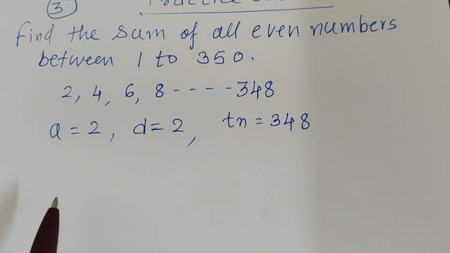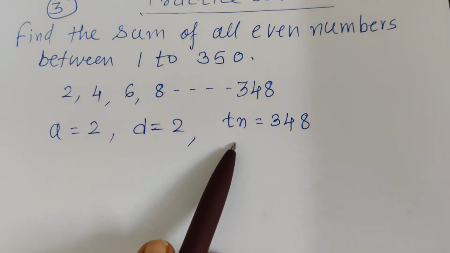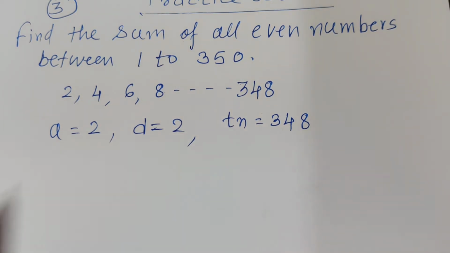Now here we have to find the sum of all even numbers, but for that we need n, because we are going to use the Sn formula, and we should know n for the Sn formula. So first we will find n using the Tn formula.